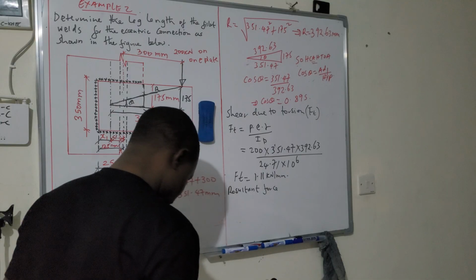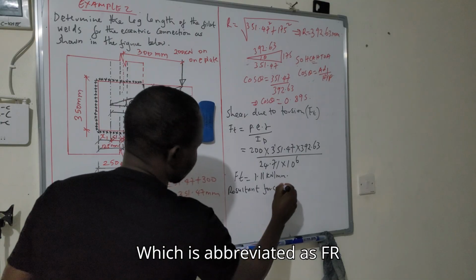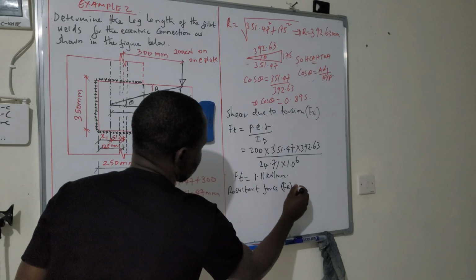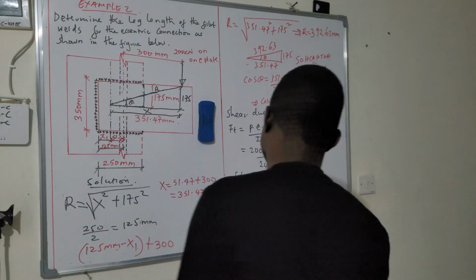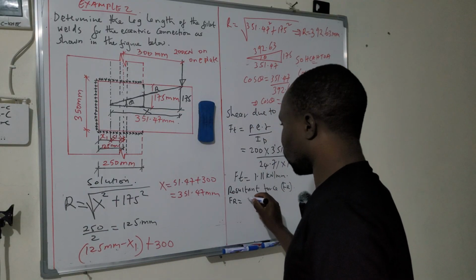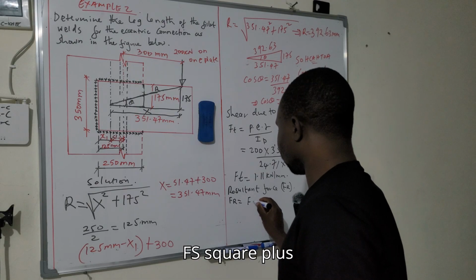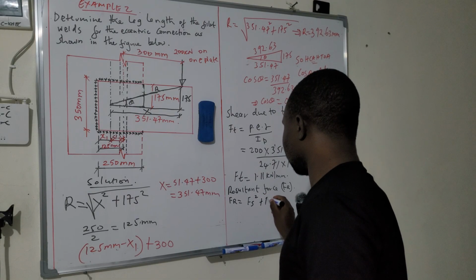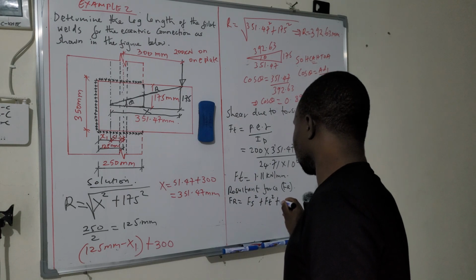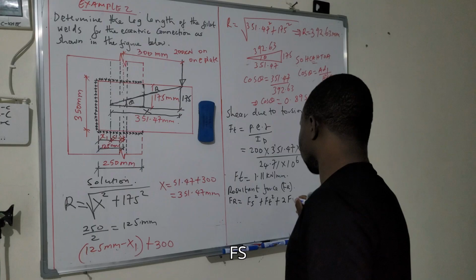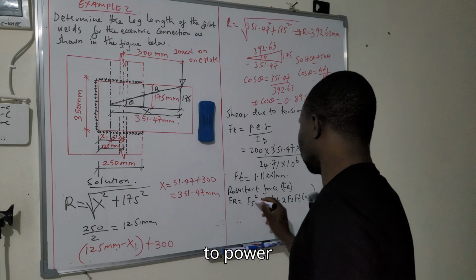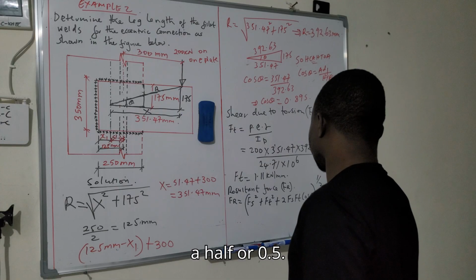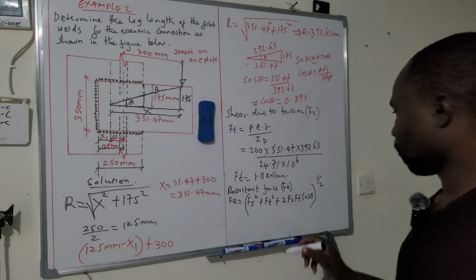Resultant force, which is abbreviated as FR. So FR is equal to Fs square plus Ft square plus 2 Fs Ft cos theta raised power a half or 0.5.